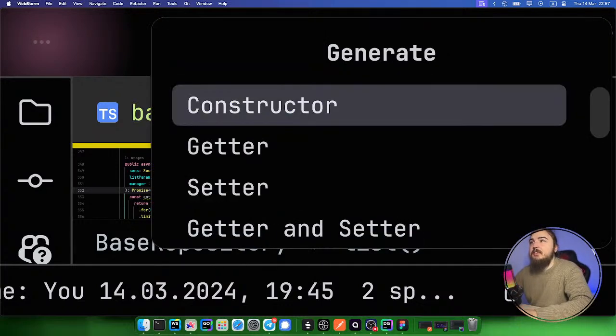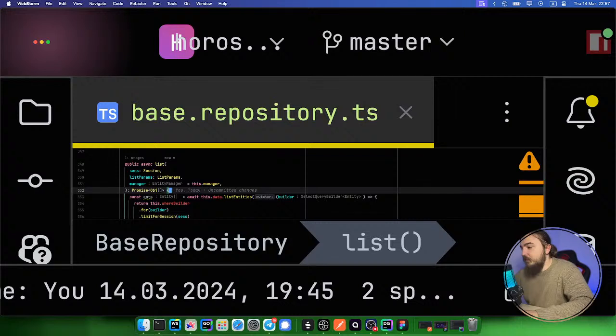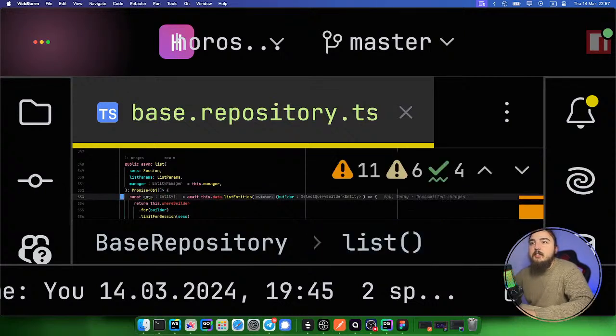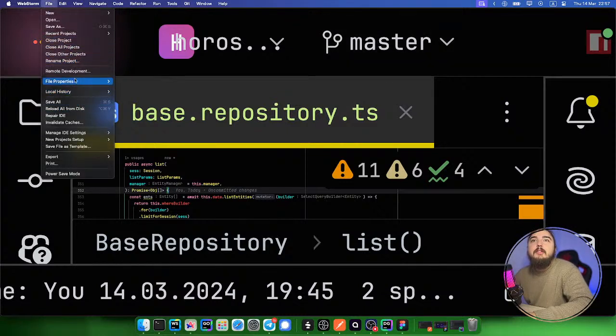How to run this? Insert. Oh my god, it's a piece of crap.